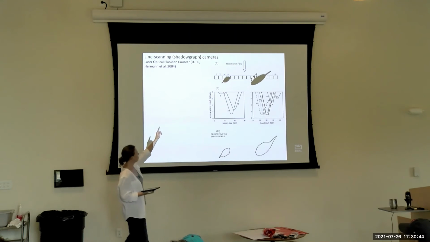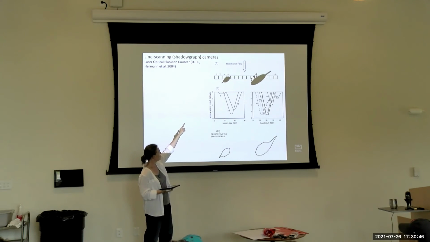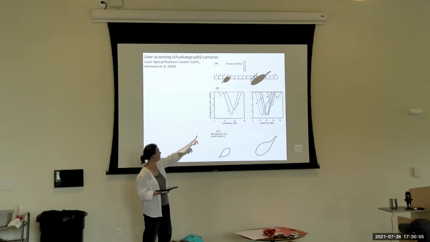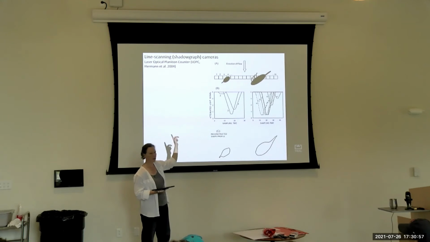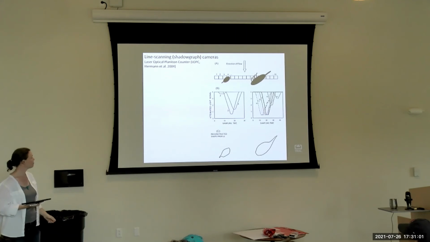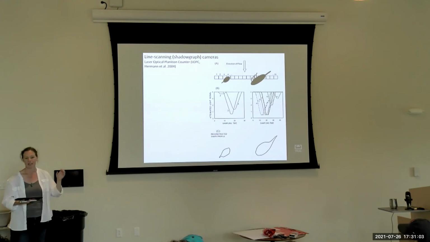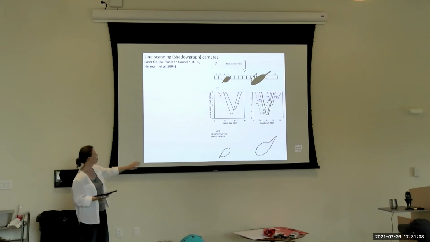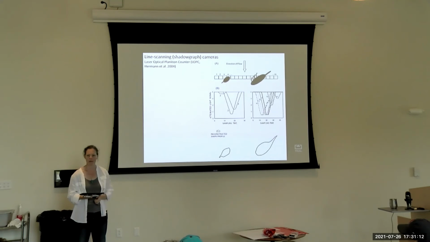The smaller individual and the larger one, I guess that's a copepod, show two different instances of how pixels 1, 2, 3, and 4, and 10 through 15 are occluded in time as this object with this orientation passes through. Then you can reconstruct the shadow, or the cross-section, of that particle, or that plankton individual, from that information.